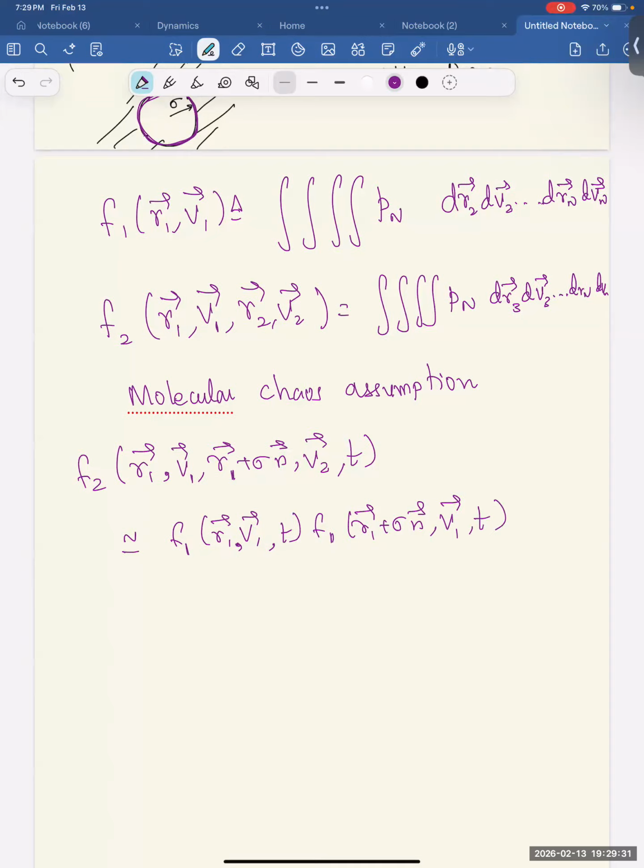Okay, so this is the molecular chaos assumption. Effectively what you're saying is just before two particles collide, they are uncorrelated with each other. Okay, so just before collision.